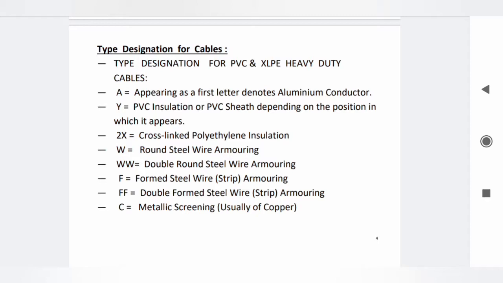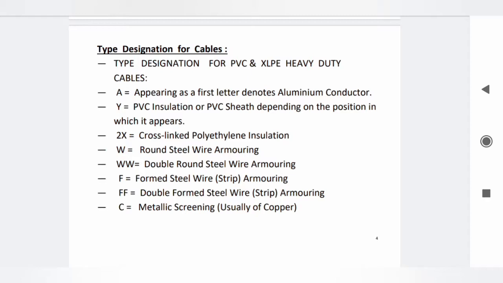The second letter can be Y or 2X. Y means PVC insulation, and 2X indicates XLP insulation. Y and 2X can also be in the last position or the later position, not the initial position.